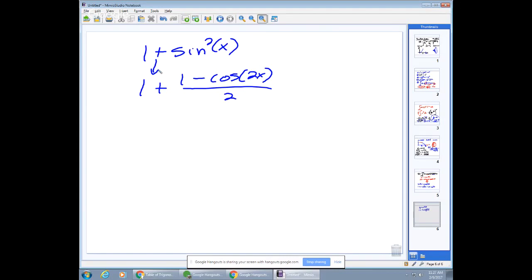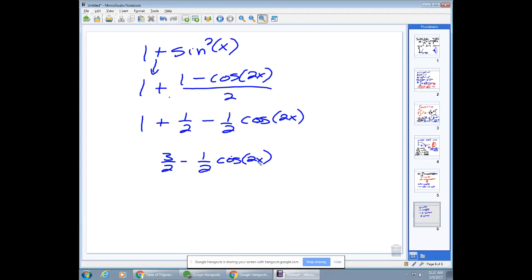So let's see, cleaning that up, that's what? 1 plus 1/2 minus 1/2 cosine of 2x. 1 and 1/2 is 3/2 minus 1/2 cosine of 2x.